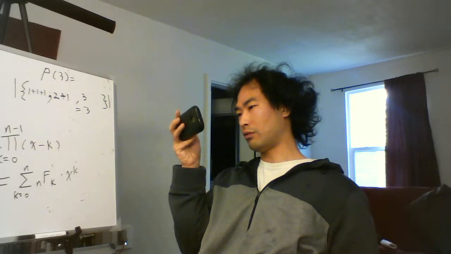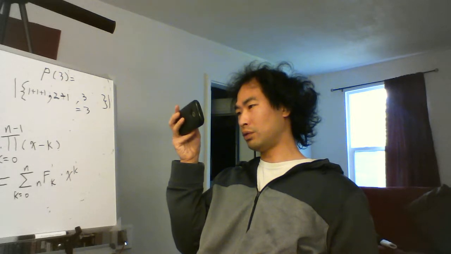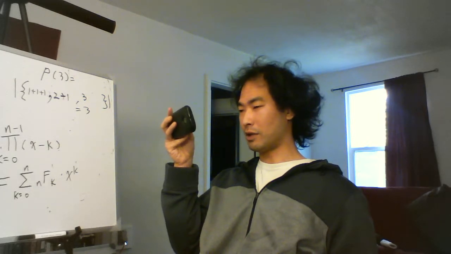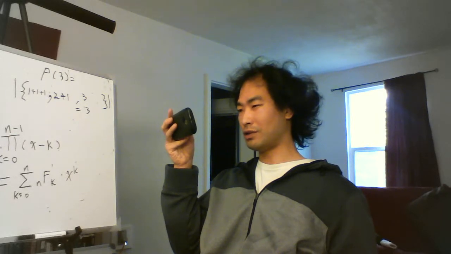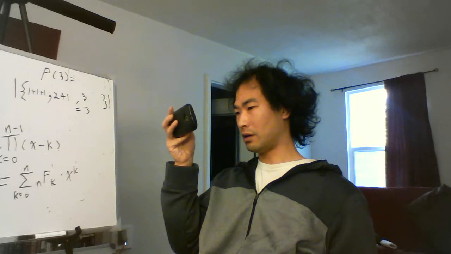To have an expressive formula for P(n), Euler, the big mathematician, probably in Germany or something, gave some generating function version of that.